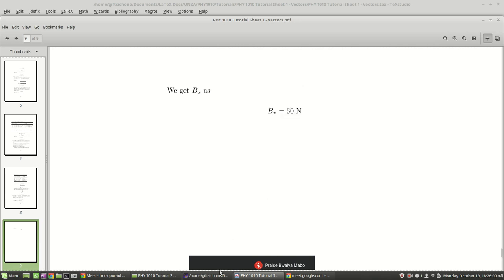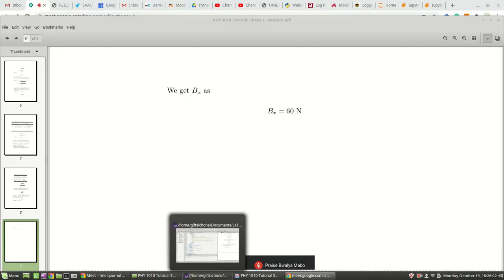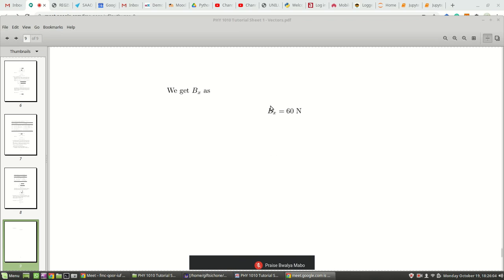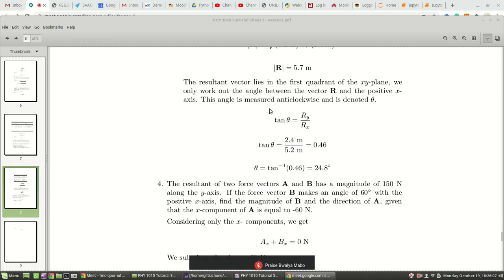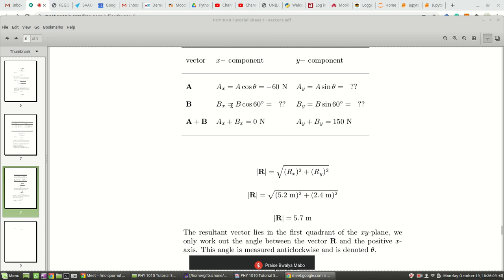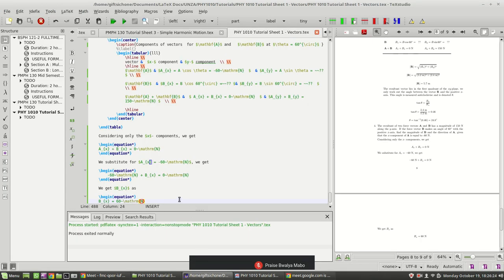So we get Bx at 60 newtons. The other thing you have to remember is that from the table, Bx is equal to B cos 60. Do you see that? Bx is equal to B cos 60. Can you see that?